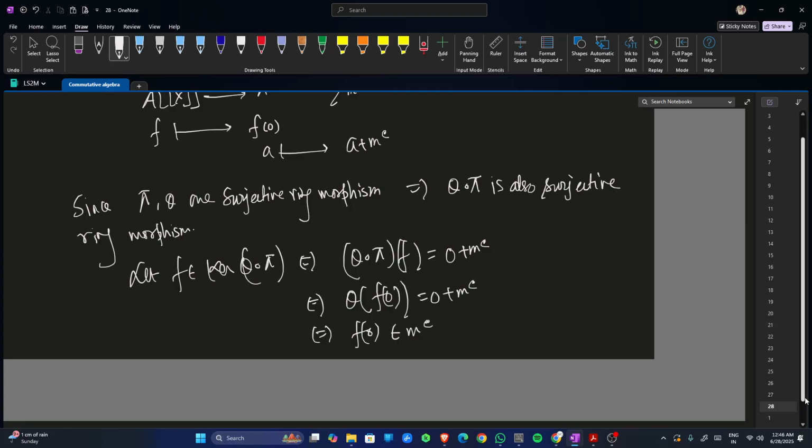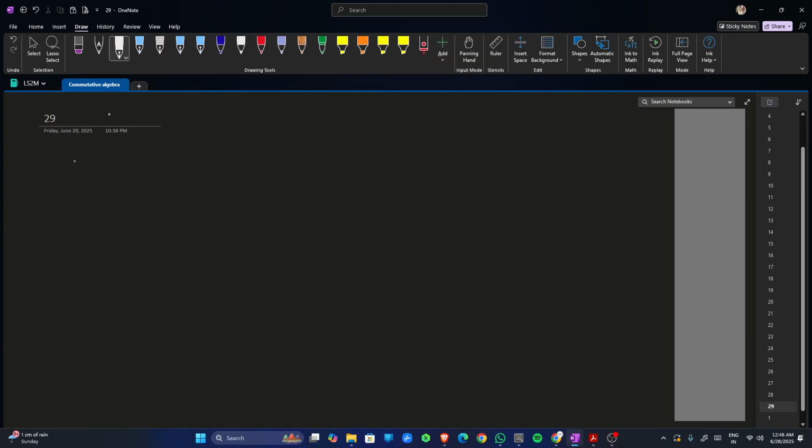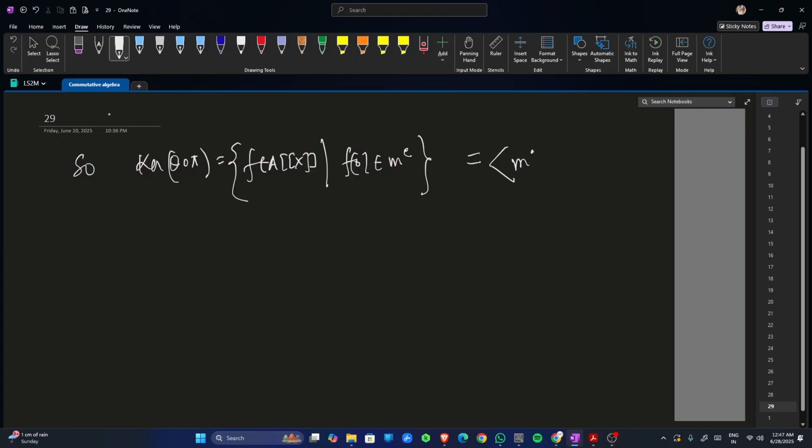So the kernel of theta compose pi is all F such that f(0) is in m contraction. Now I am claiming that this set is the same as the ideal generated by m contraction and x. This is my claim.